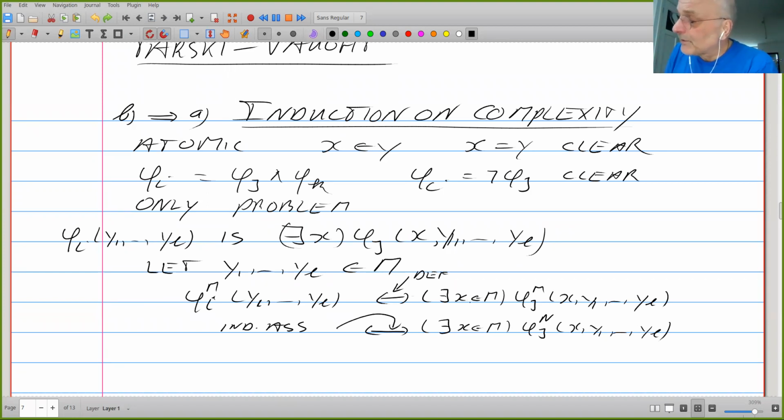If it is true, there is an x, we pick it, phi mj x y l and so on holds. That means that phi nj x and so on holds, and we have an equivalence by the inductive assumption, because we assumed that we already had absoluteness, that phi j was already absolute.